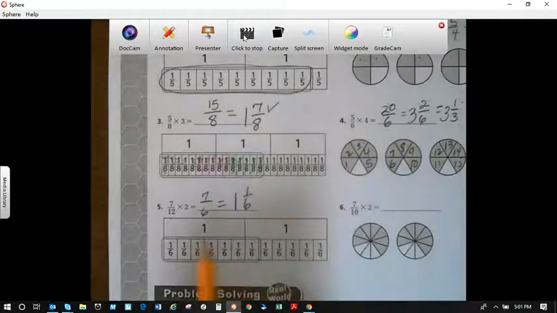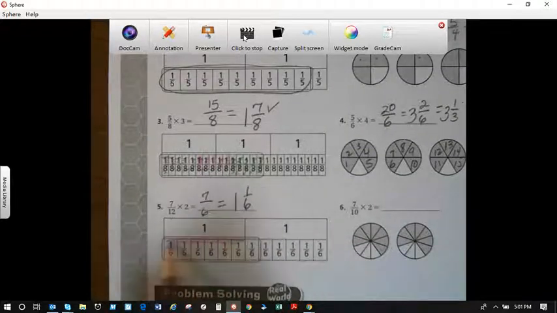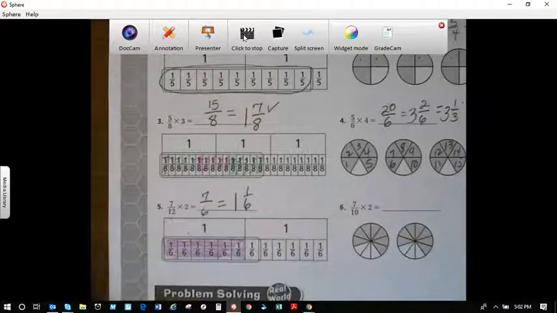And is that what I see here? So I'm going to shade in here. This is 1. And is this the 1/6 that I have?